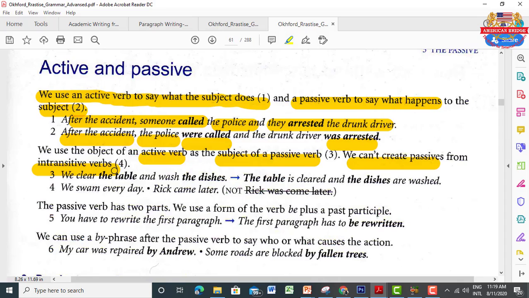In example number 3, you see we clear the table and wash the dishes. So the table is cleared and the dishes were washed. Number 4, we swim every day. Rich came later, not Rich was came later.